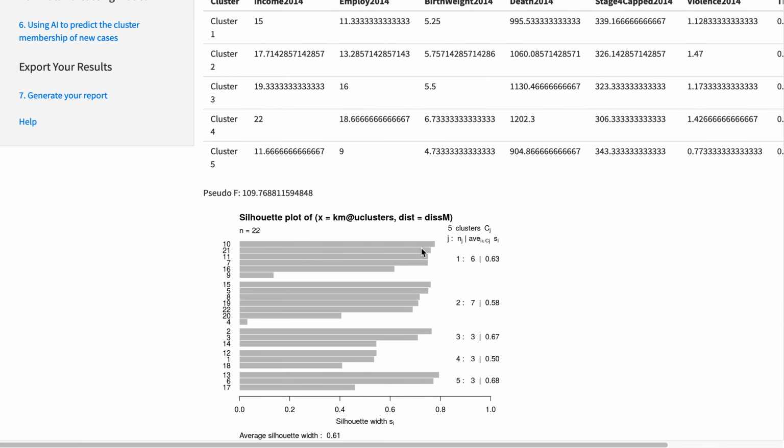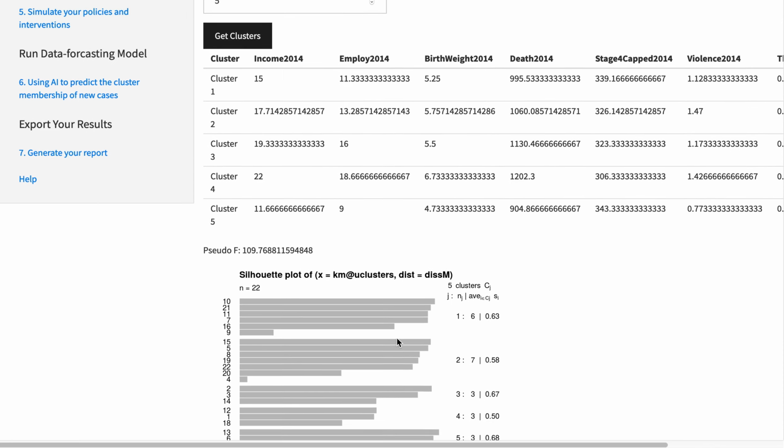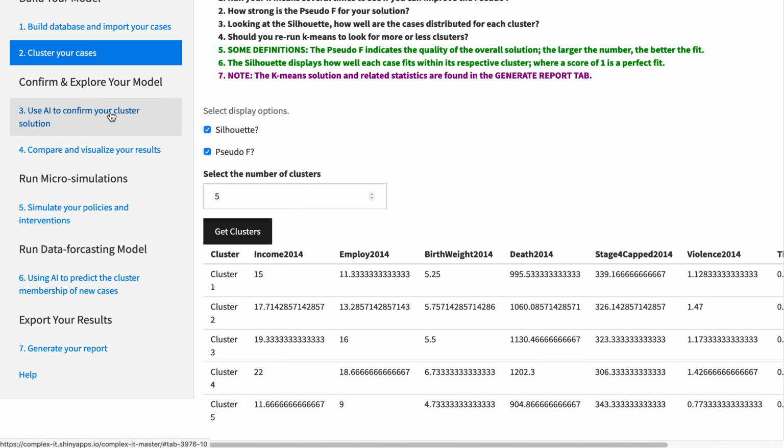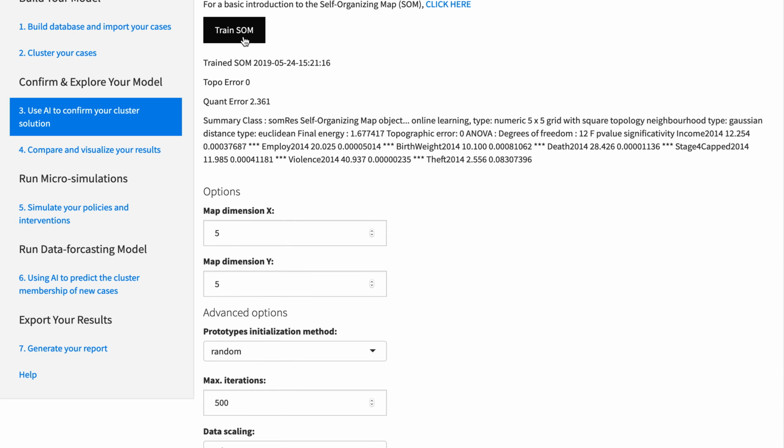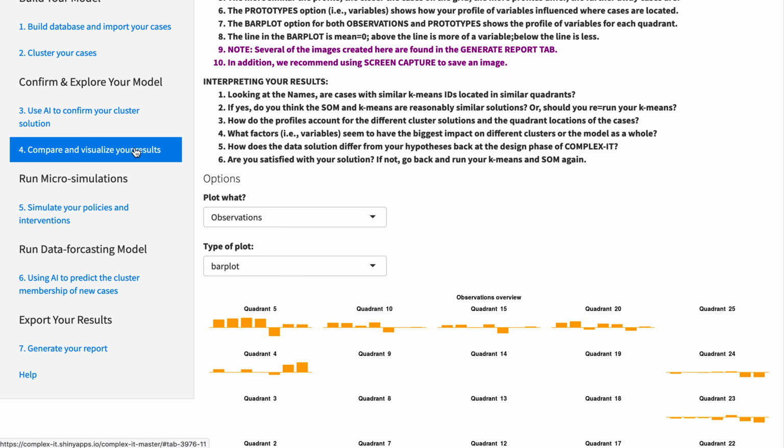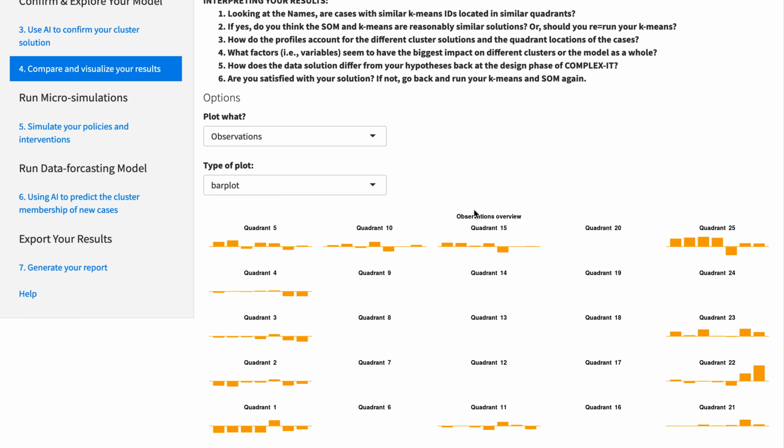And we're getting cases that are much closer towards 1. When we then go and rerun the SOM, we can compare those results, and we see that the distinctions here in terms of crime and violence now stand out a little bit better. So a distinction has been made.